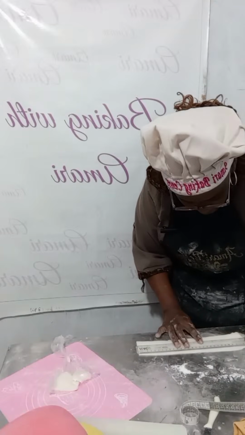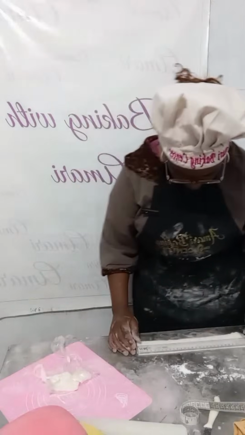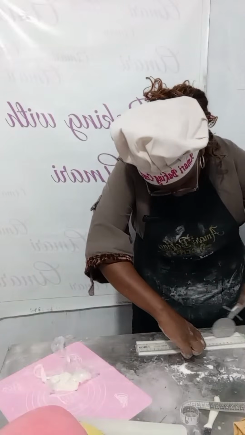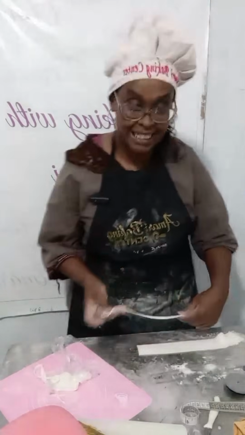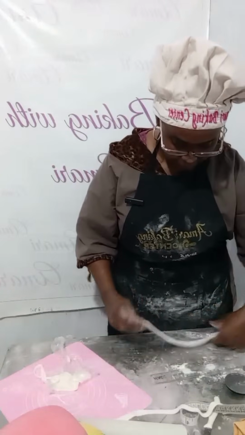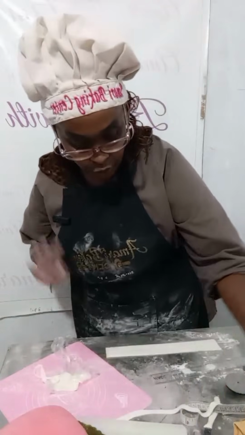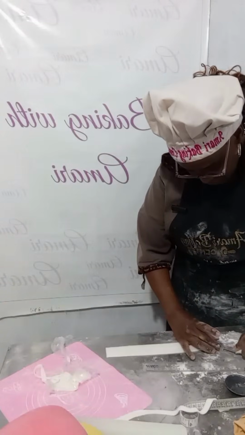If I want to cut straight, sometimes I'll just use a ruler, just so that it's straight. So I have a nice strip here, and I'm going to make it look like a ribbon. So I'm going to cut here, and then I'll show you guys.